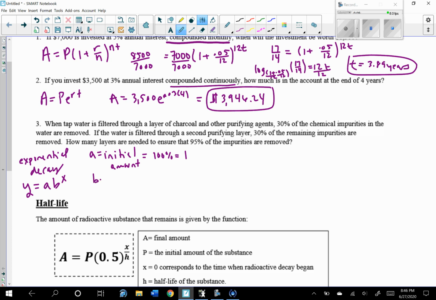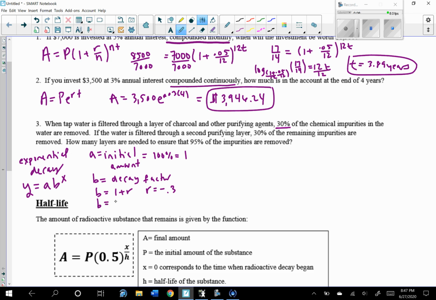B, remember, is going to be the decay factor. And we learned before to find b is equal to 1 plus your rate. So they gave us the rate at which we're decaying, which is 30%. So we know r is equal to negative 0.3. And so we're going to plug that in to find b.